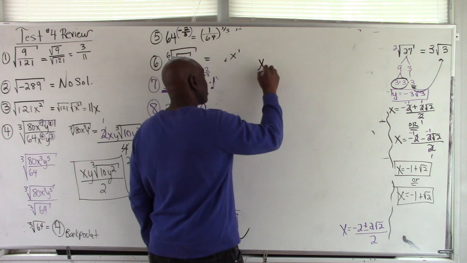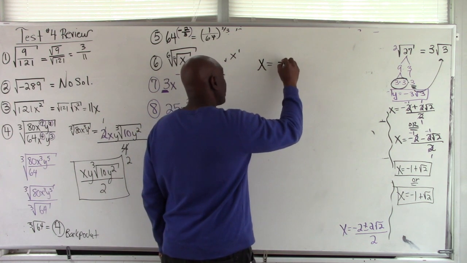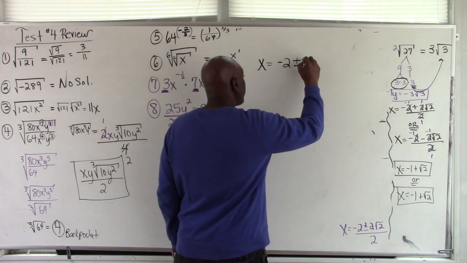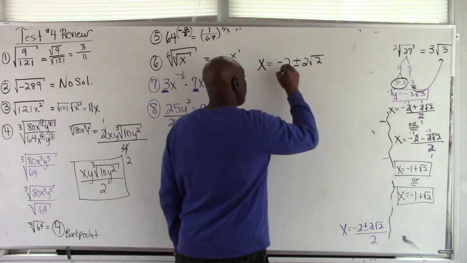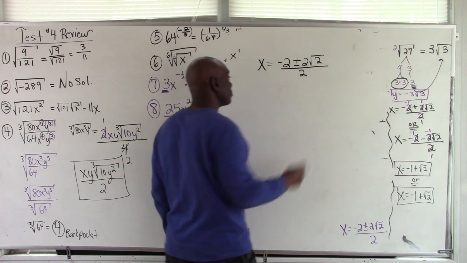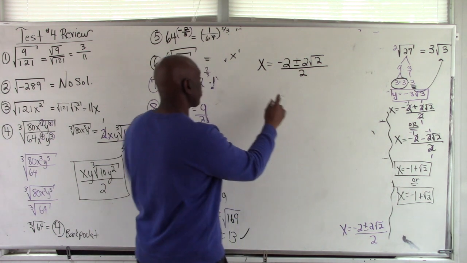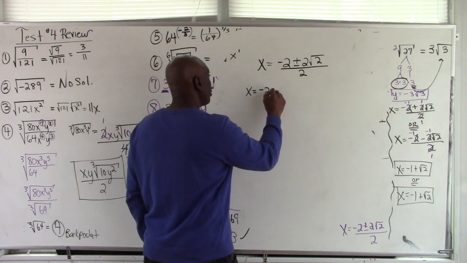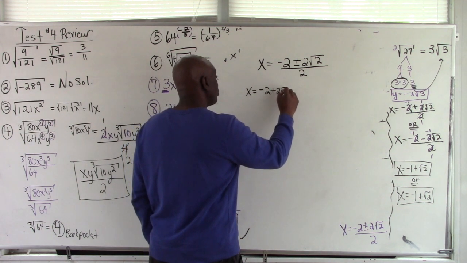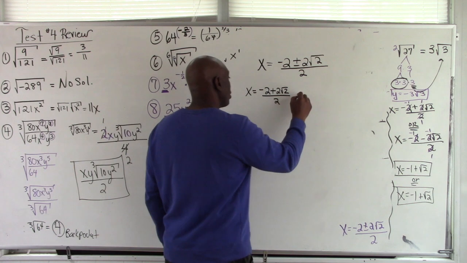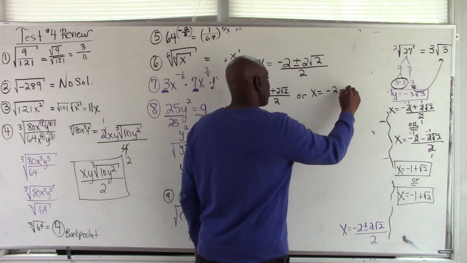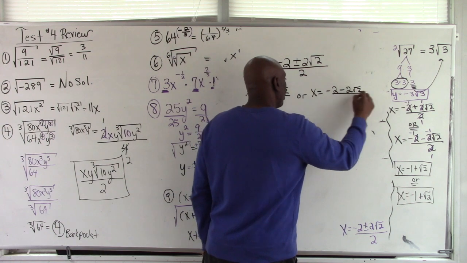We have x equal -2 plus or minus 2 root 2 all over 2. There are two conditions here. So x equals -2 plus 2 root 2 over 2, or x equals -2 minus 2 root 2 over 2.